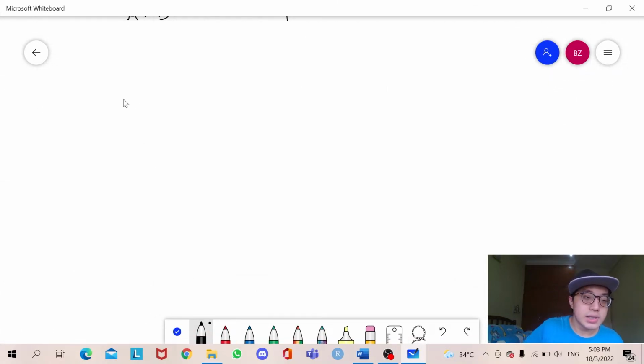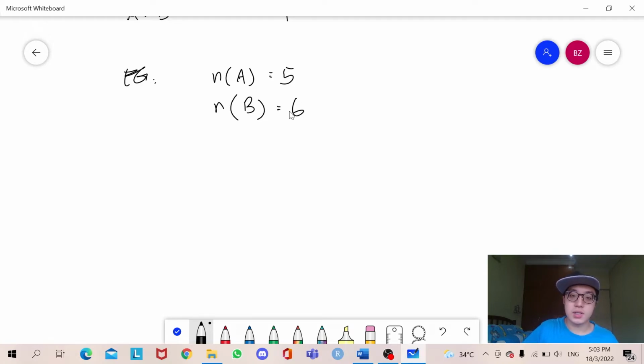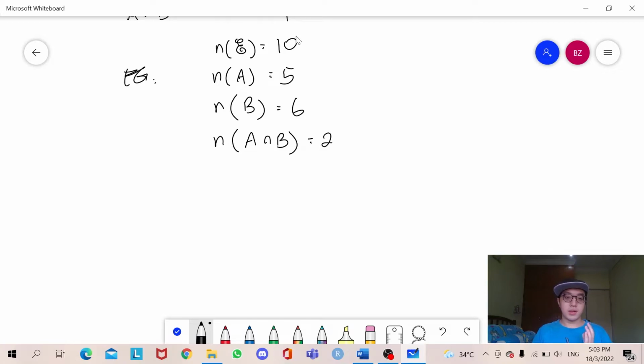Let's say, for example, the number of elements of A is 5, the number of elements of B is 6, the number of elements of A intersect B is equal to 2, and the number of elements of the universal set is equal to 10. If you are given this information, how are you going to draw it out? They ask you to draw a Venn diagram.